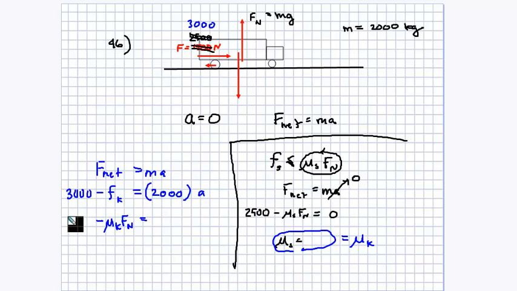So if we look at our equation here, we've got our pushing force, we've got a known mu k from part B, we've got the mass, we've got an unknown acceleration, that's what we're solving for, that's what we want, and we know the normal force from part B. So we have everything we need to solve for the acceleration.